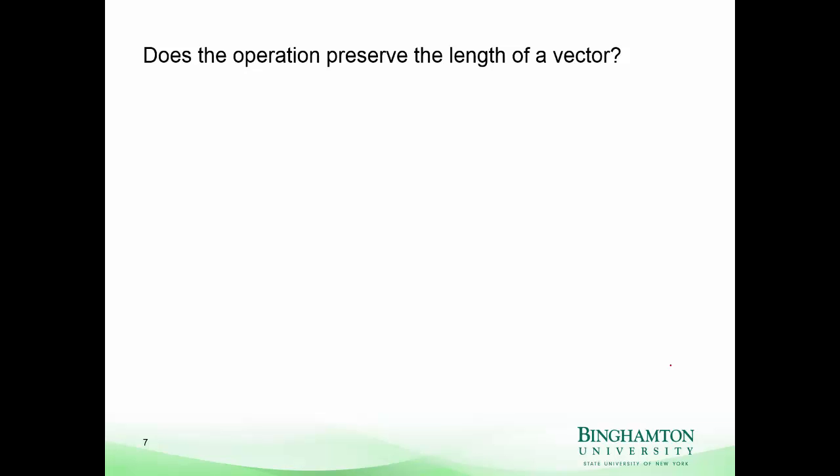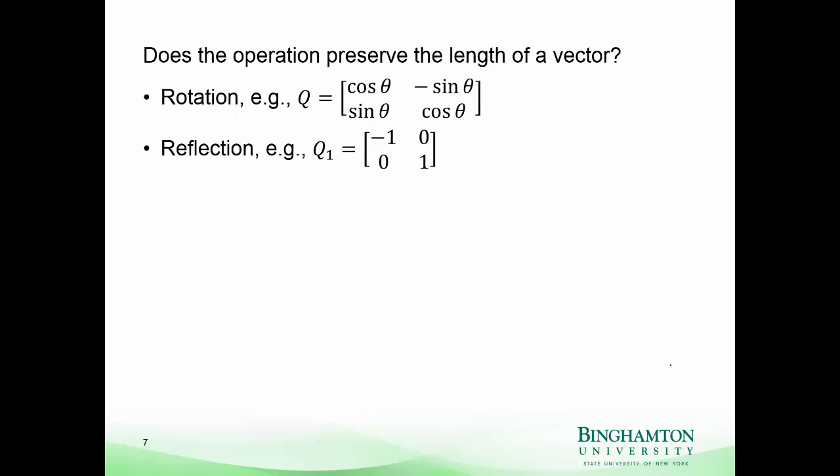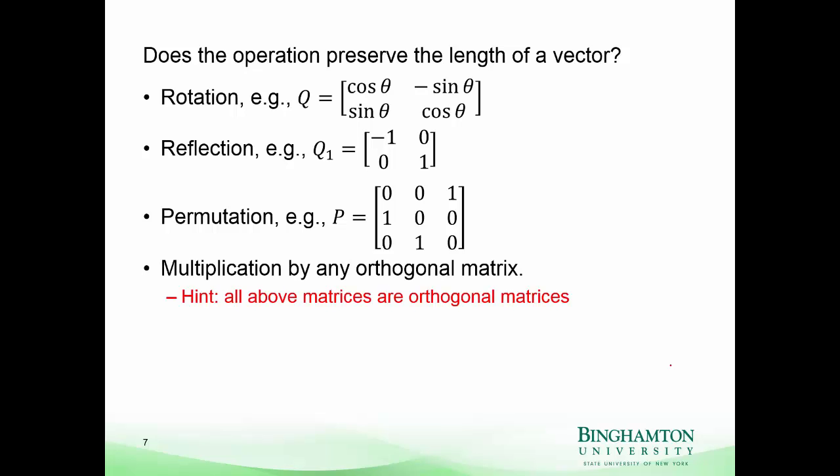So one thing to ask is, does multiplying by an orthogonal matrix preserve the length of a vector? Rotation certainly does. Reflection certainly does. Permutation certainly retains the length of the vector, because all it's doing is reordering the elements.